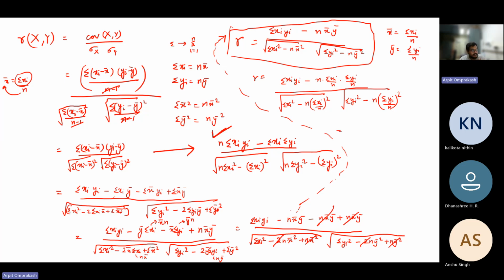Again, what we see here is n cancel out, and then we have the square terms cancel out, right? So what we'll have is xi yi minus summation xi into summation yi divided by n, over xi square minus summation xi whole square divided by n.